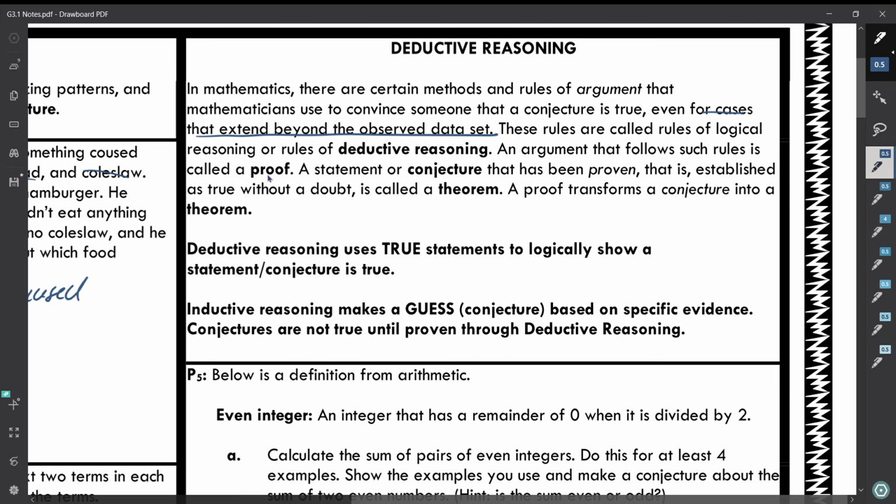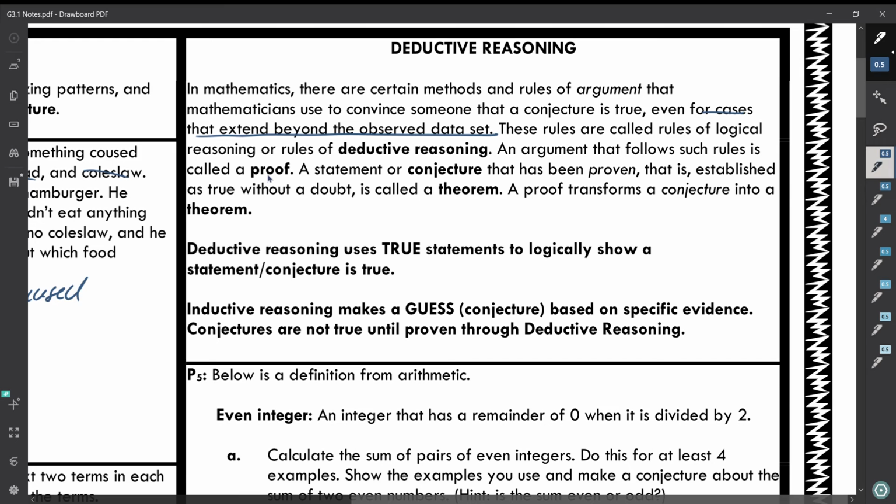Okay? An argument that follows such rules is called a proof. So basically, the rules I'm talking about are just statements that we have shown are true previously that we will use to form a conclusion on a new statement or conjecture that someone has made. A statement or conjecture that has been proven, okay? We've proven it to be true, that is established as true without a doubt. And we can do that in math.